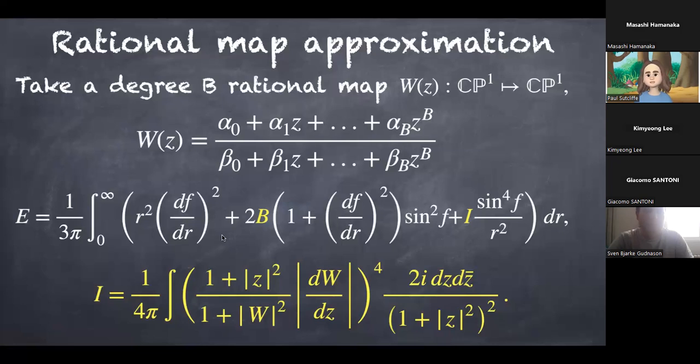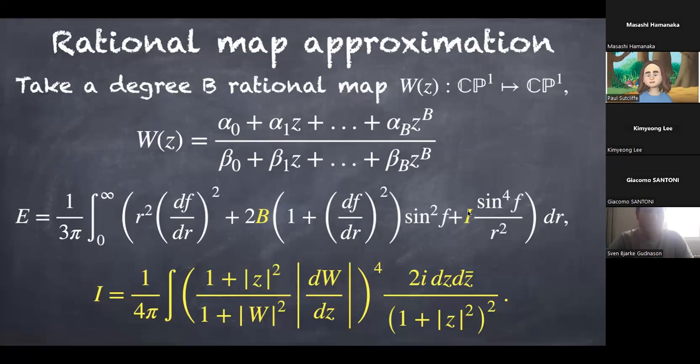One change is that there was a number 2 here, and now you get 2B. So the profile function is going to change from what it was before because you're minimizing a slightly different energy. There's also a new coefficient that used to be 1 that is now called I, that appears over here.